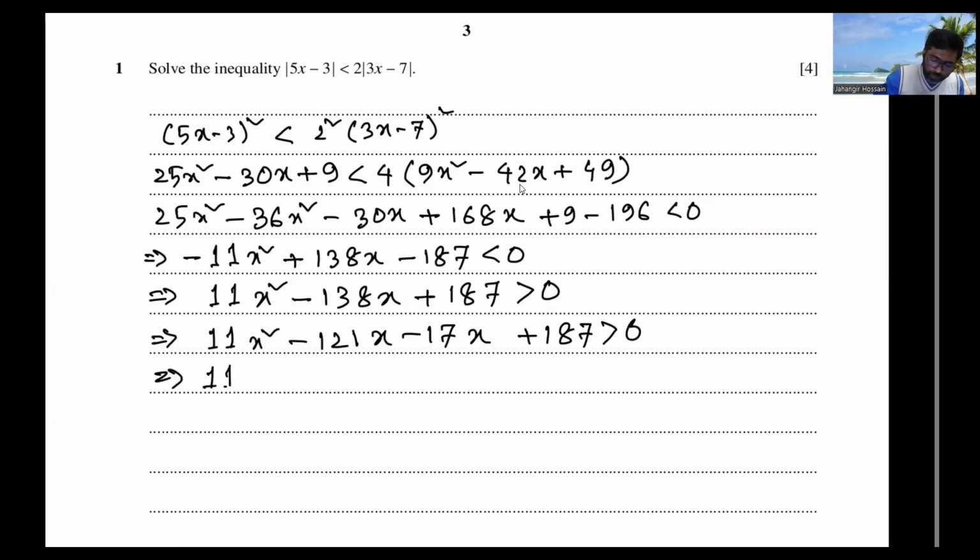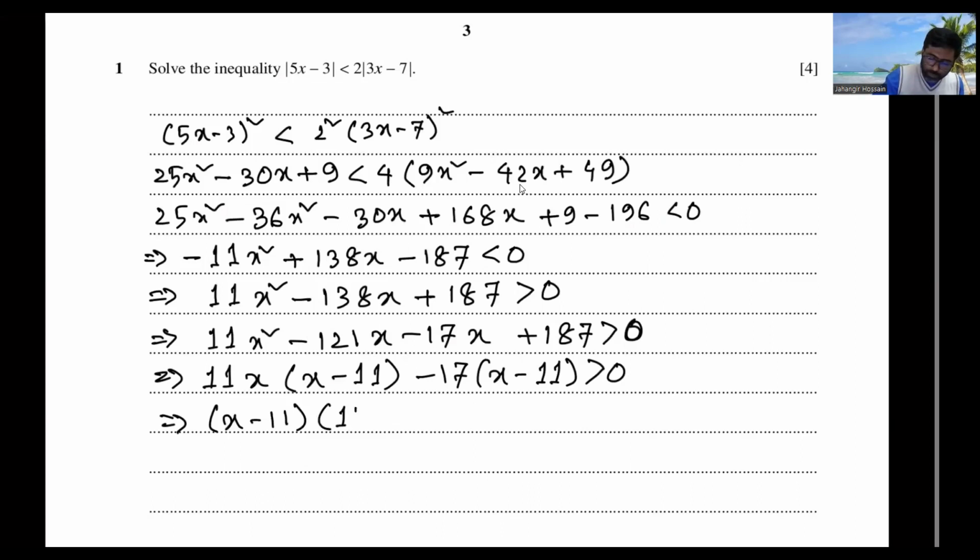So x minus 11, take minus 17 common from the next two, that is x minus 11. That's 0. So we have two critical values here.